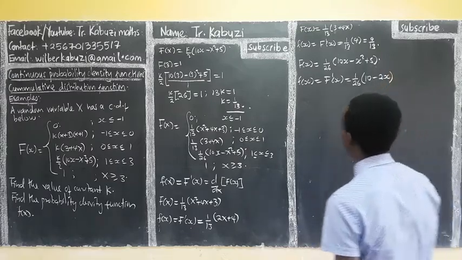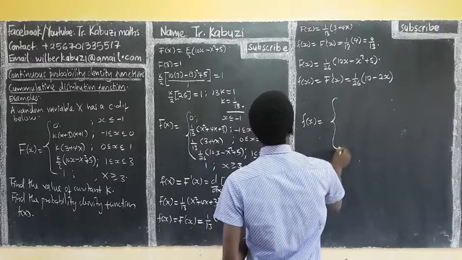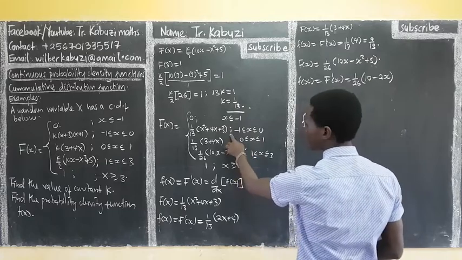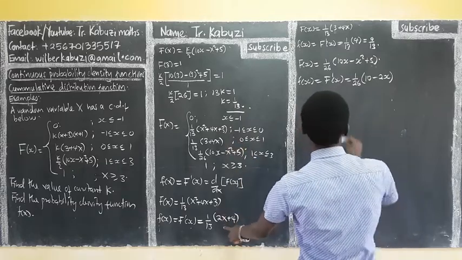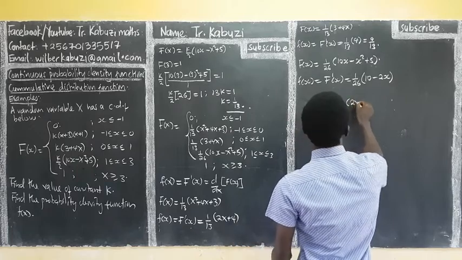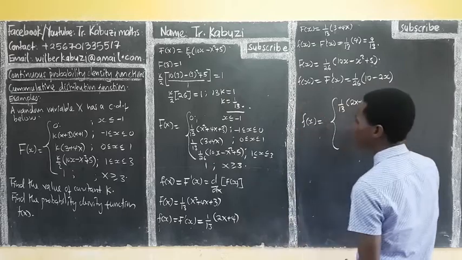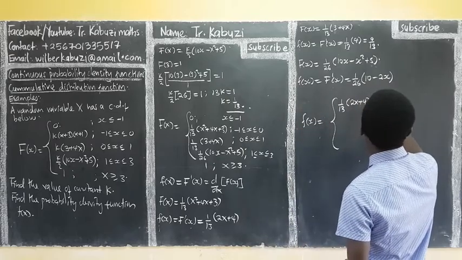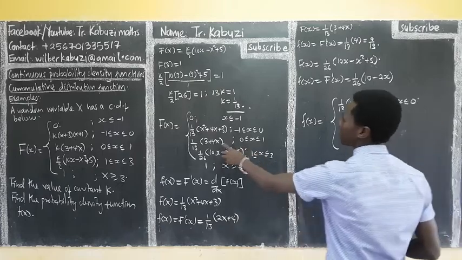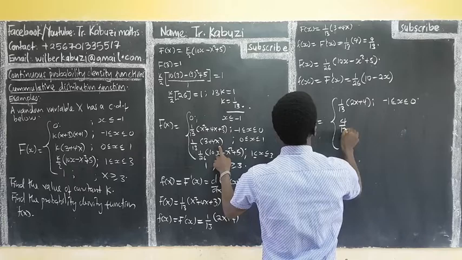So now, meaning that my p.d.f., f of x, will be as follows. For the first interval, you get 1 over 13 into 2x plus 4 for the interval of negative 1 less than x less than or equal to 0. Then for the next one, we got a constant which is 4 over 13.